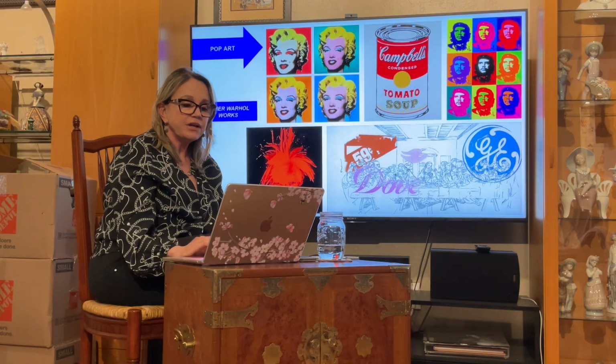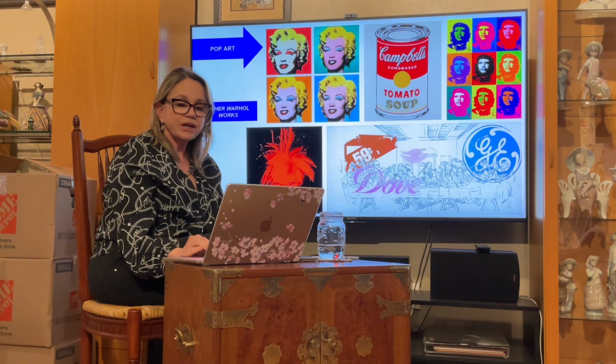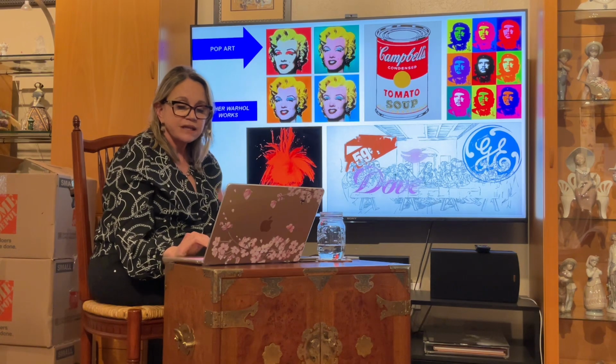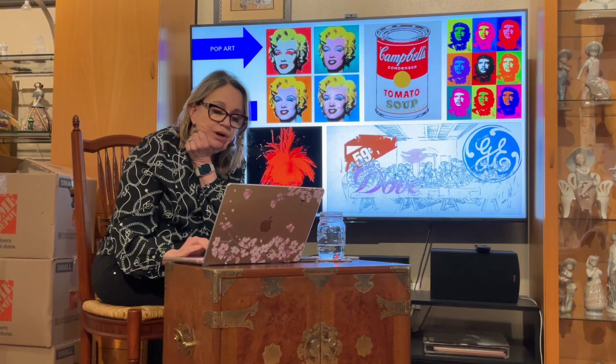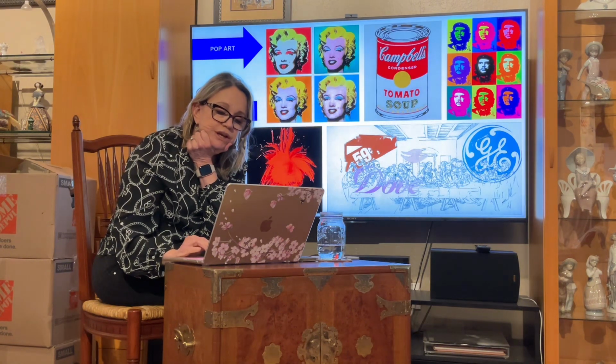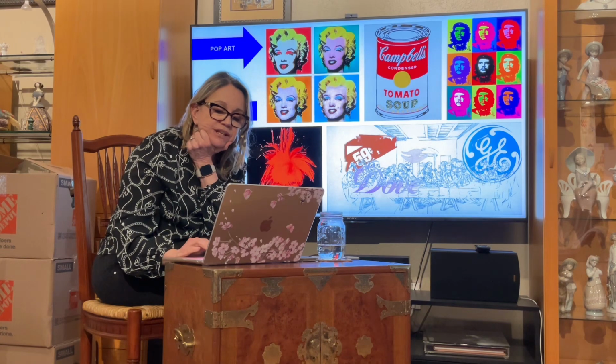So we have her here, the tomato soup. Here's Che Guevara. This is Andy Warhol himself. And look at this. So this is an image of the Last Supper. And then he's putting here advertisements of the day. Dove soap, General Electric.